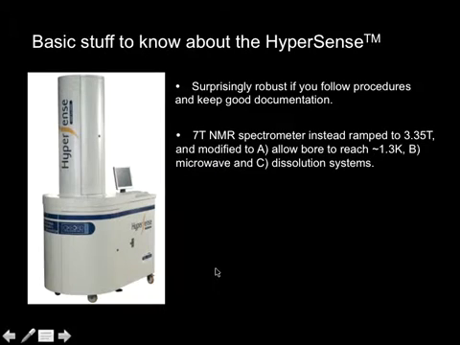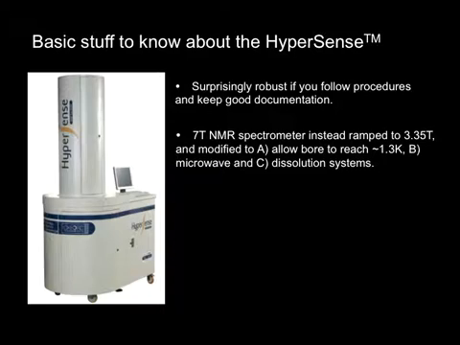And as Peter has described over the past couple of weeks, this is essentially a modified NMR spectrometer. This particular one was originally a 7T NMR spectrometer that they've instead ramped to 3.35T. And then there are basically 3 additional key modifications.